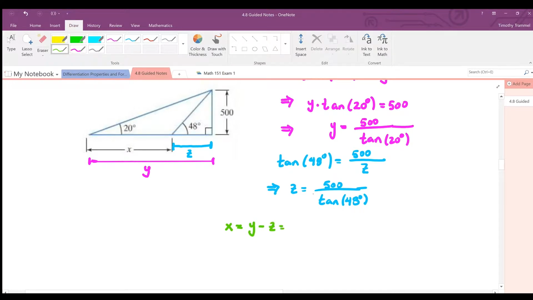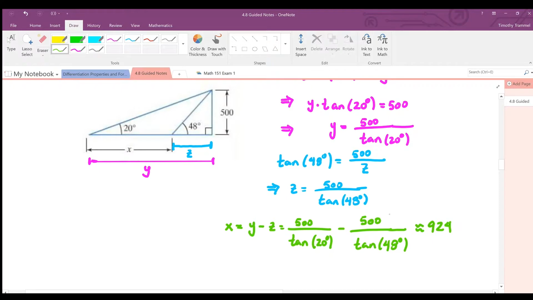And in your calculator, that'll just look like this: 500 over tangent of 20 minus 500 over tangent of 48. And if we subtract those two, we get about 924 if we round to the nearest whole number.